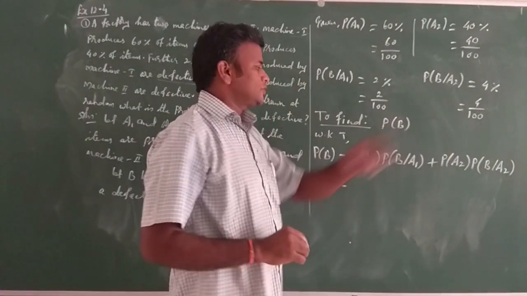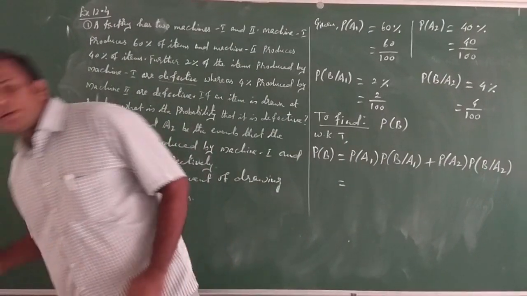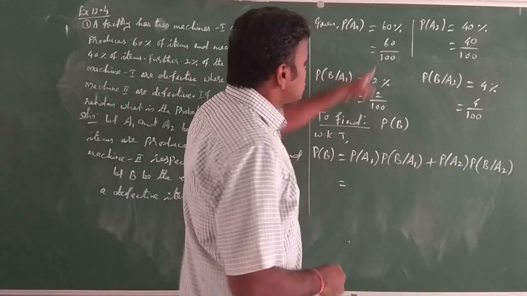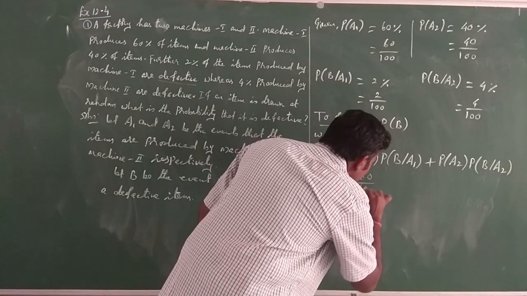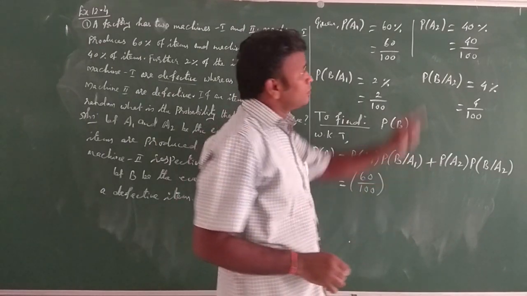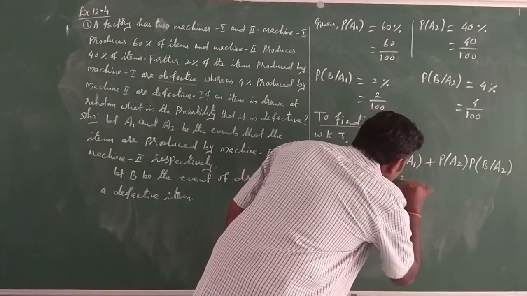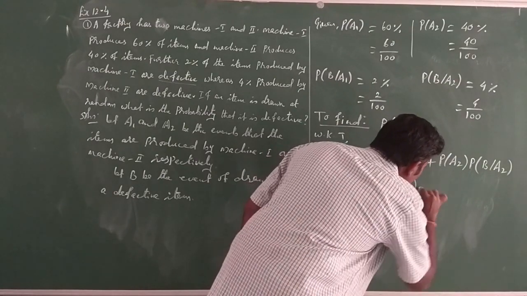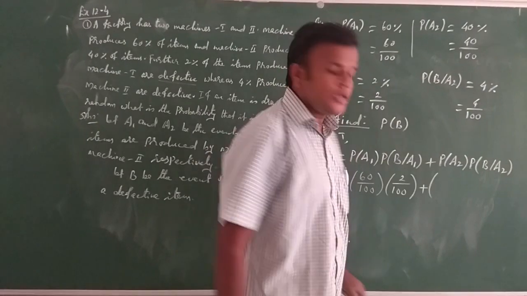We know all the values. Now we substitute all the values. What is the value of P of A1? The value of P of A1 is 60 by 100. P of B by A1 is 2 by 100. Plus P of A2 is 40 by 100.